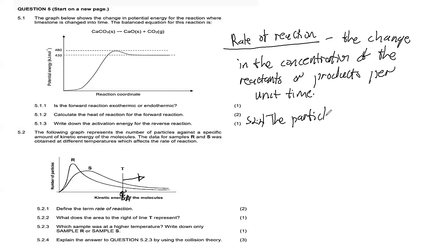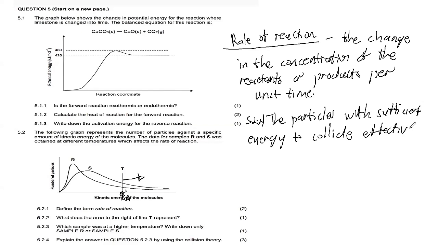So it represents the particles with sufficient energy to collide effectively, or simply the particles that have energy greater than the activation energy, right? All these particles that are here can produce effective collisions.